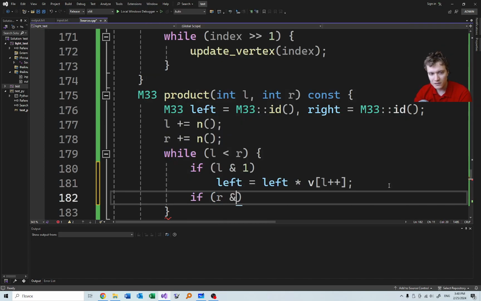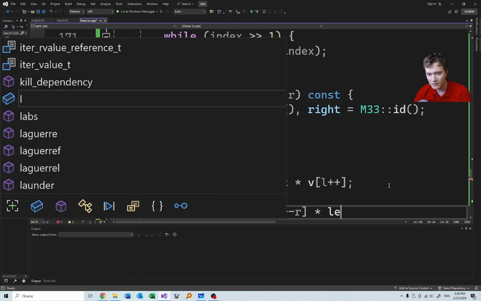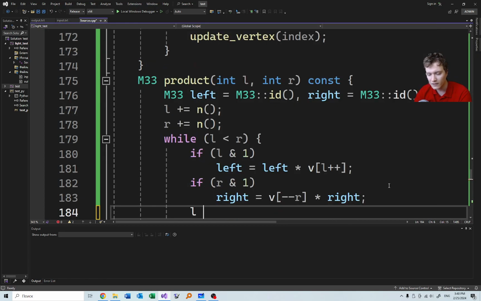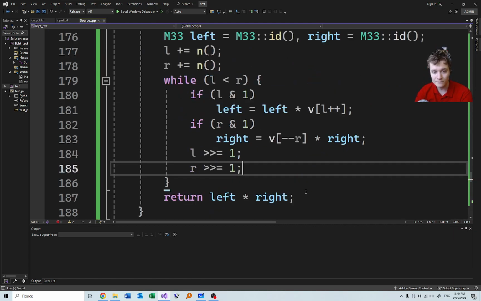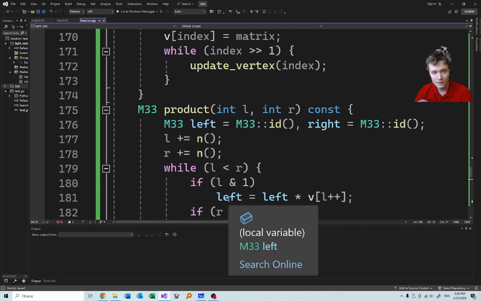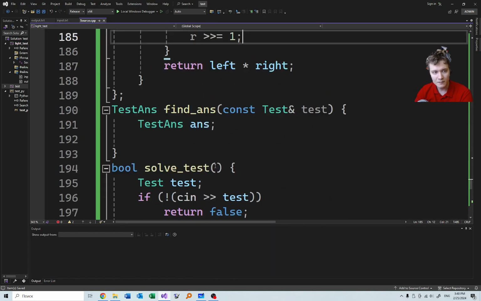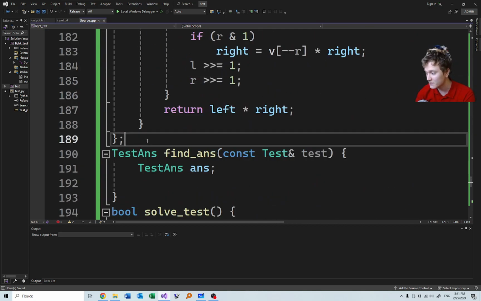If R is odd, then we decrement R, and then we divide both by 2. Okay, I think that's it. So now we have a segment tree. Now we need to write a heavy light decomposition. It's already 44 minutes.